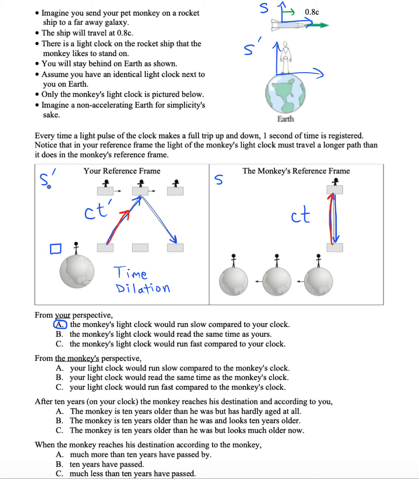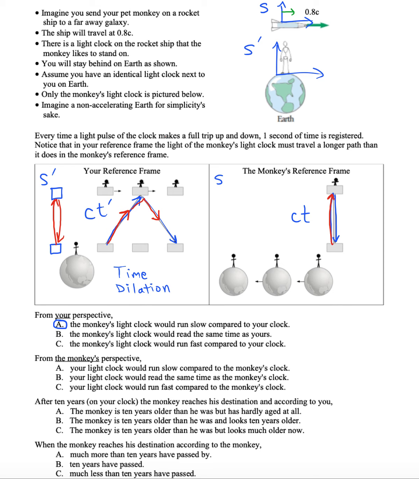If we have a clock right here that is not moving compared to one that is, then what will happen? That beam will have already struck the mirror before the light beam strikes the other mirror on the monkey's clock, which means when it comes back down and registers that second on our clock, it wouldn't have got that far on the monkey's clock. So his clock is going to run slow according to us.